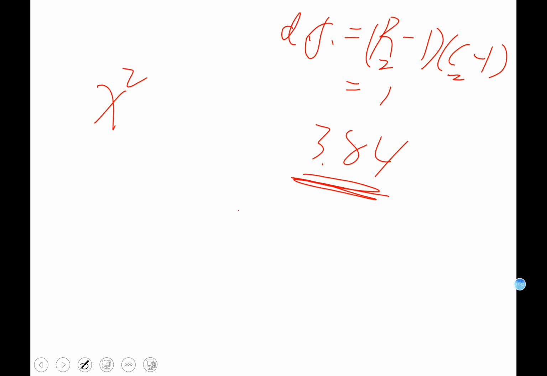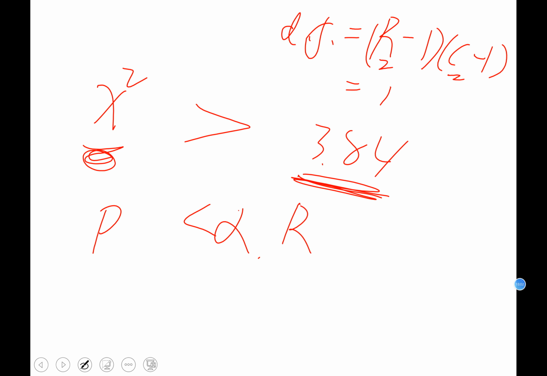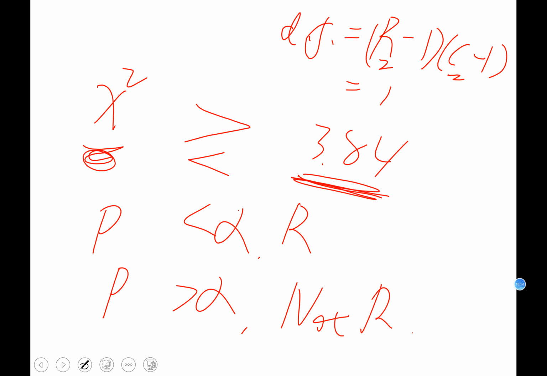So next, what we need to do is to compare the chi-square value we calculated with this number 3.84. So if the chi-square value is bigger than 3.84, that means P is less than alpha, so we need to reject H0. But if the chi-square value is less than 3.84, that means P is bigger than alpha, so we cannot reject H0.